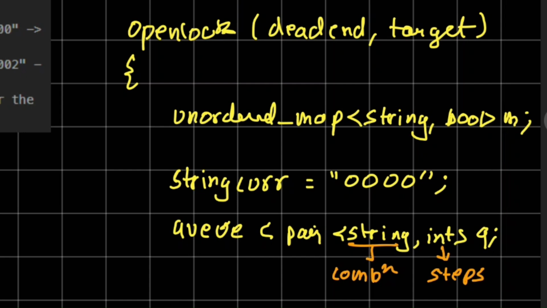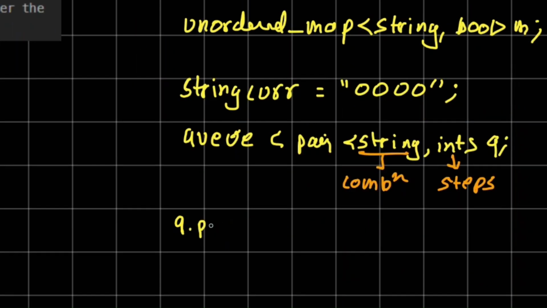So what we'll do is queue dot push, and we'll push here current comma the steps required to reach that state. So initially we are at 0000, so we don't require any steps, so we will push 0 here. So current comma 0.